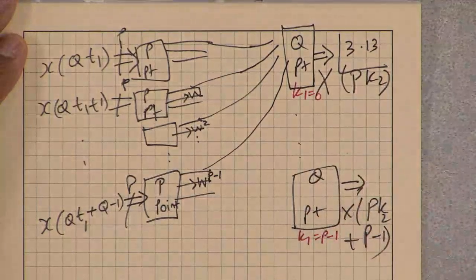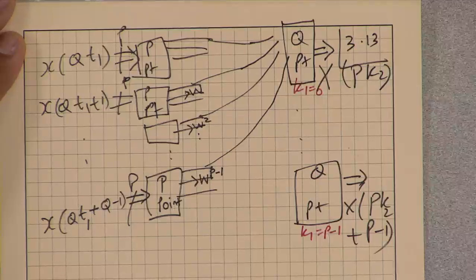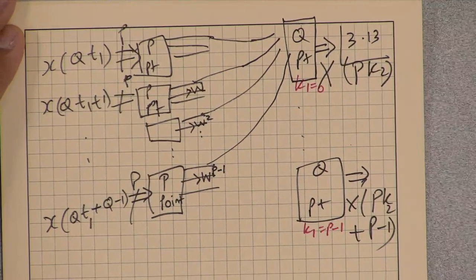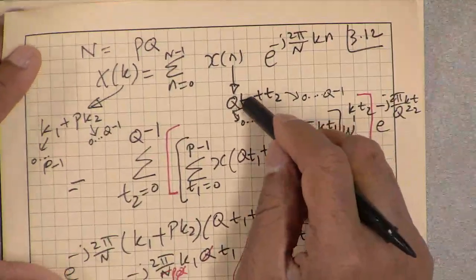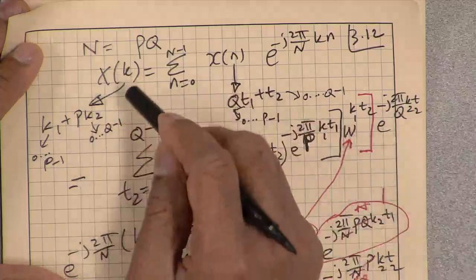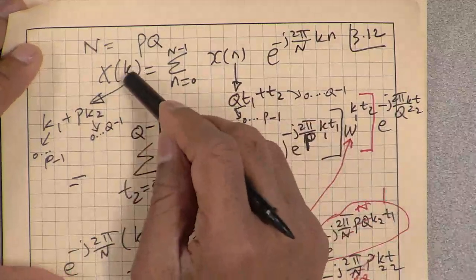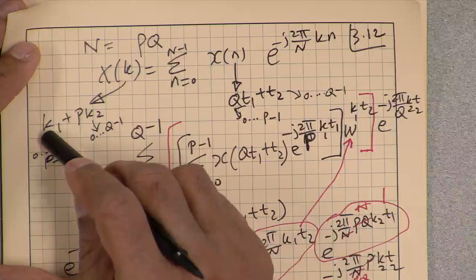So the index K is described by the double index K1, K2. The index N is described by the double index T1, T2. So we divide N into T1, T2. The time index N is mapped to a two-dimensional index T1, T2. The frequency index K is mapped into a two-dimensional index K1, K2.